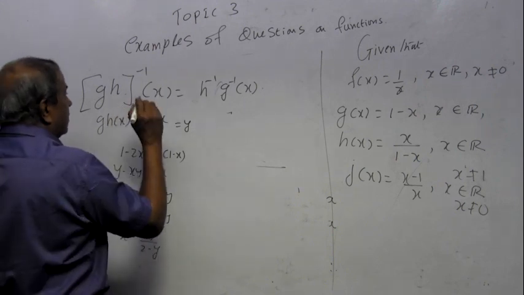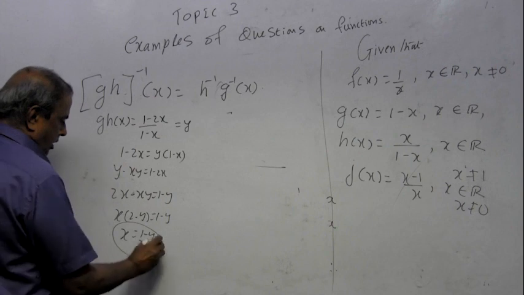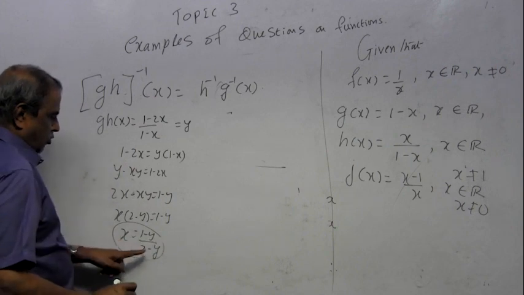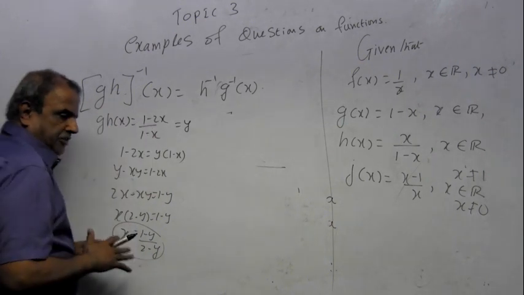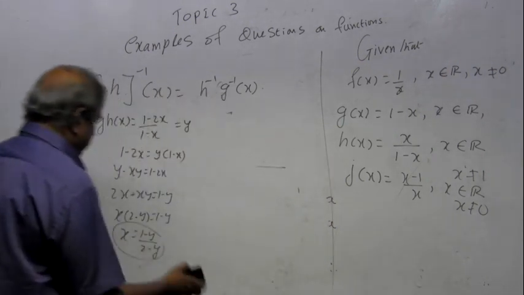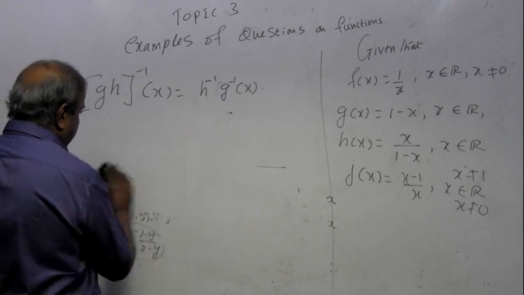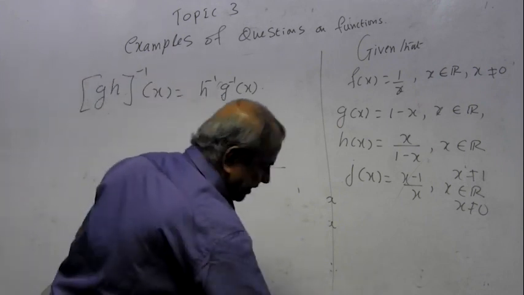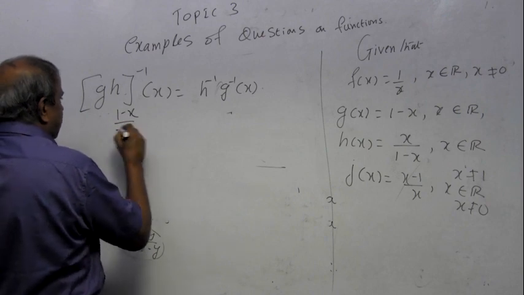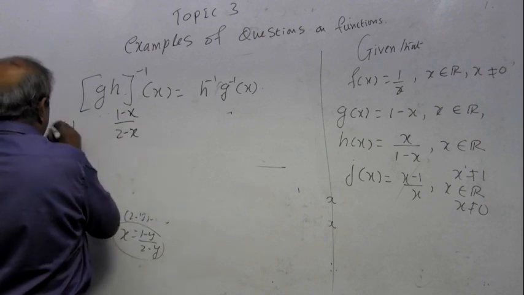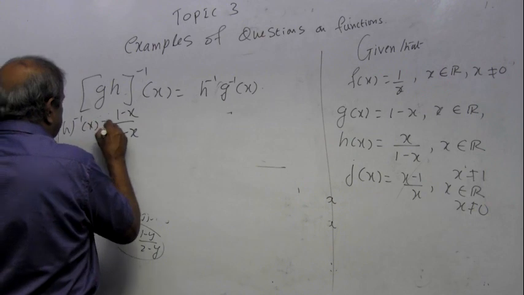So gh inverse of x will be 1 minus x over 2 minus x. So you first find gh of x and then find its inverse. Okay. So it is 1 minus x over 2 minus x. I did that, gh inverse of x.